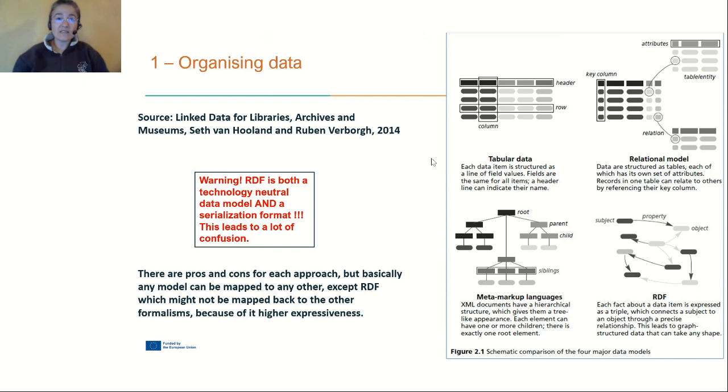Each one is perfectly fine in the context for which it was developed. The first one, tabular data: if you've ever designed an Excel spreadsheet, then you know what this way to organize data is all about. So I won't go into details. Relational databases are made using this model, where the data is structured as different tables.